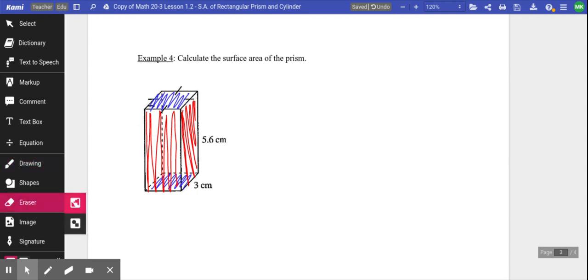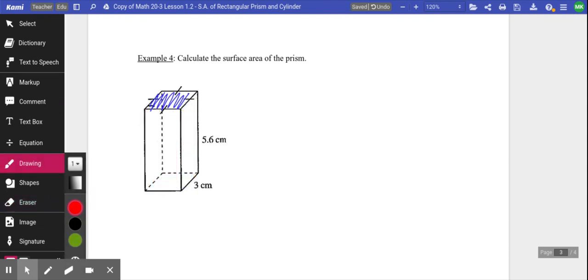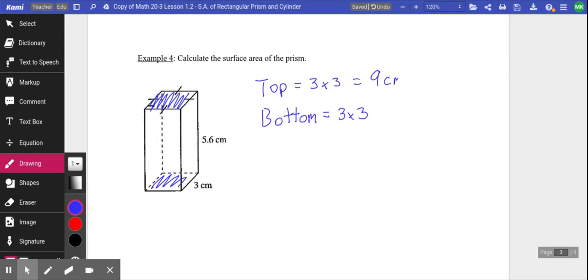If we're doing this my way, which is maybe a little bit slower, I would do the top first, and I recognize it's the same as the bottom. Because it's a square, that would be 3 times 3. So the top is 9 centimeters squared.